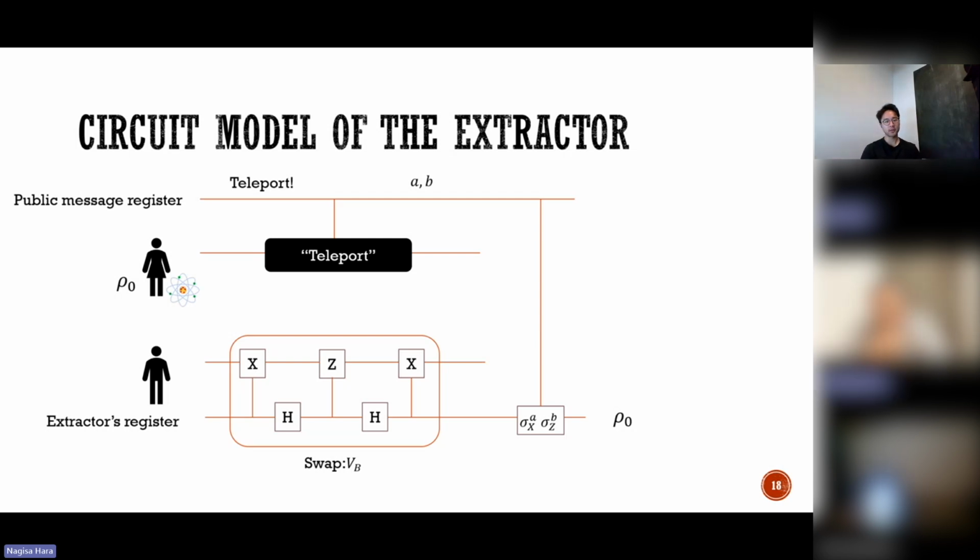But if you only consider the proof of knowledge, you don't have to assume such an assumption. I see. But if you start from the assumption that the prover possesses polynomial copies, maybe you could find a way to amplify the quality of the quantum state by running the extractor polynomially many times. Nice. But I don't know how to do this. Okay, thank you. Yep.